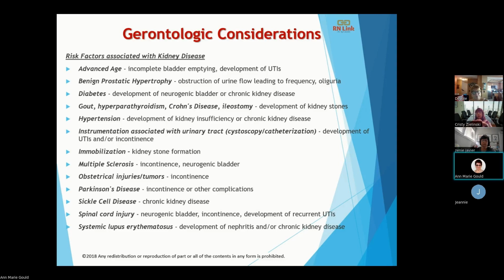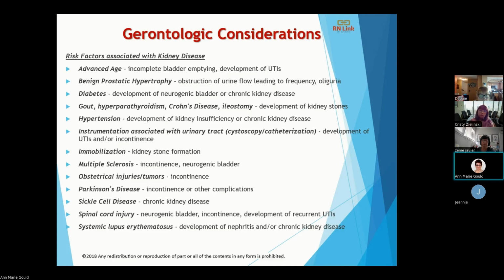Hypertension. You have kidney insufficiency. You don't get the blood flow that's needed to the kidney, and you can develop CKD because of it. Then there's instrumentation associated with the urinary tract, either a cystoscopy or even a catheterization.